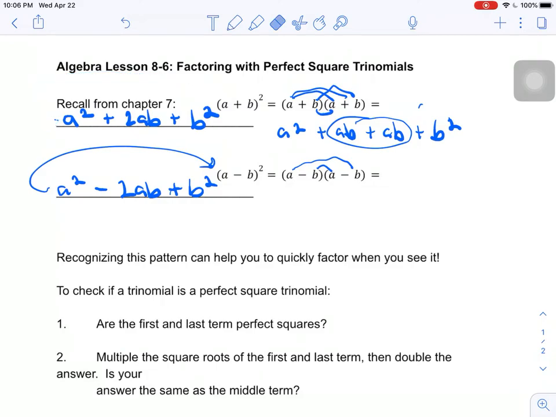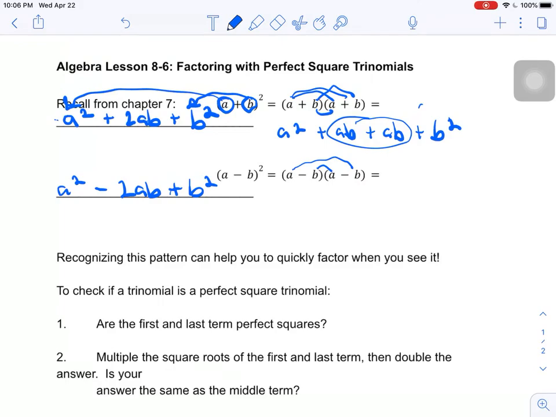If you look at the answer, or the trinomial, we can see some connections to the factored form. The a and the b are just whatever the square roots of these two numbers are. So if that first term and that last term are perfect squares, we can just square root that, or figure out what we multiplied by itself. That's the a and the b for our factored answer.